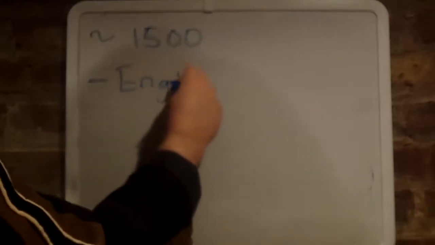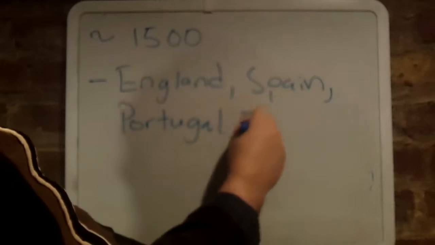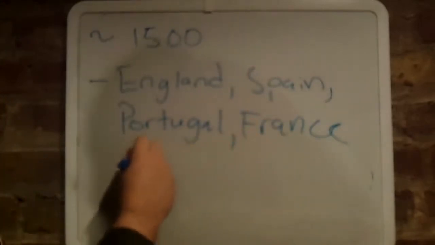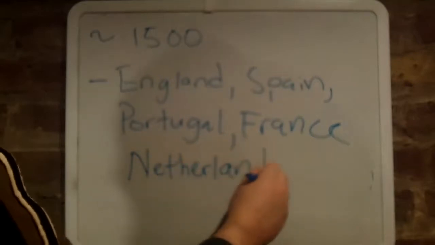So these newer nations included England, Spain, Portugal, France, and the Netherlands were the major important nations about the year 1500.